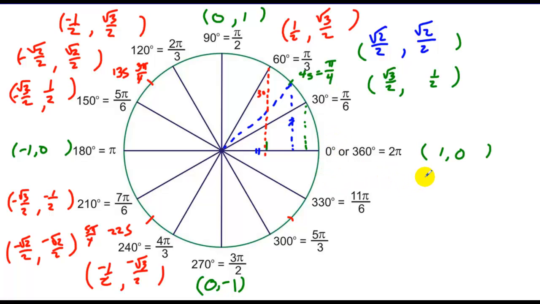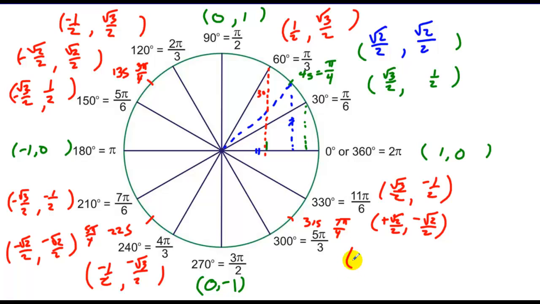Flipping over here, I have root 3 over 2 for the x. But since I'm in the fourth quadrant, my y is a negative half. I'm at 315, or 7 pi over 4. That's positive root 2 over 2 and negative root 2 over 2.